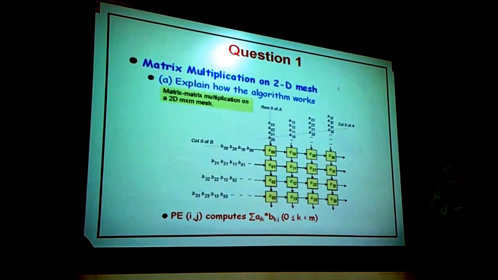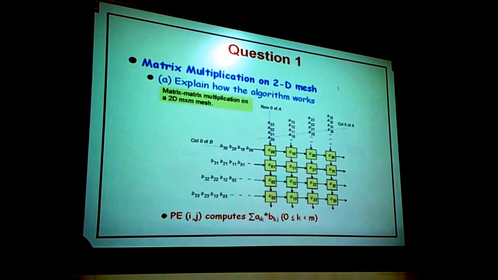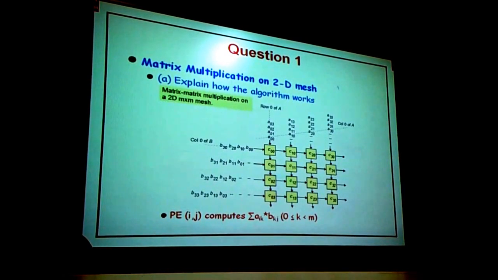How many steps will it take to complete the multiplication of the 2 matrices? What's the total number of steps? Sorry? 3m minus 2. 3m minus 2. So where do we get that?